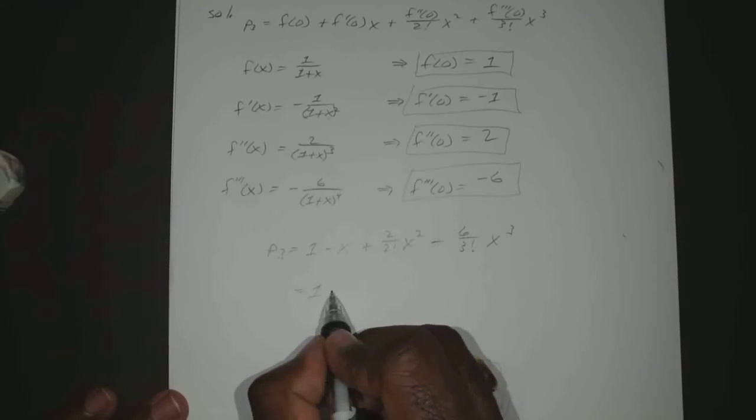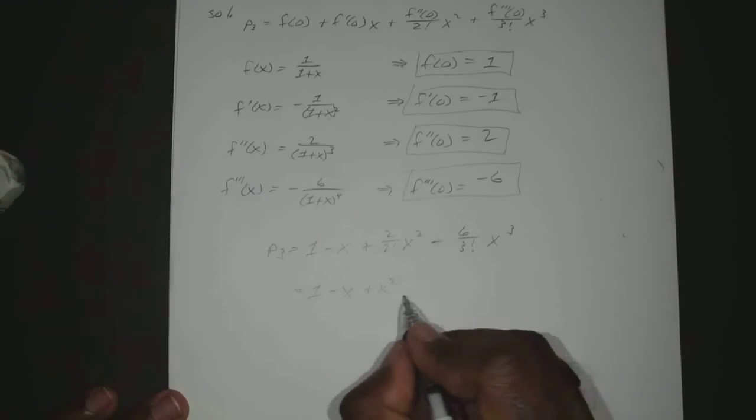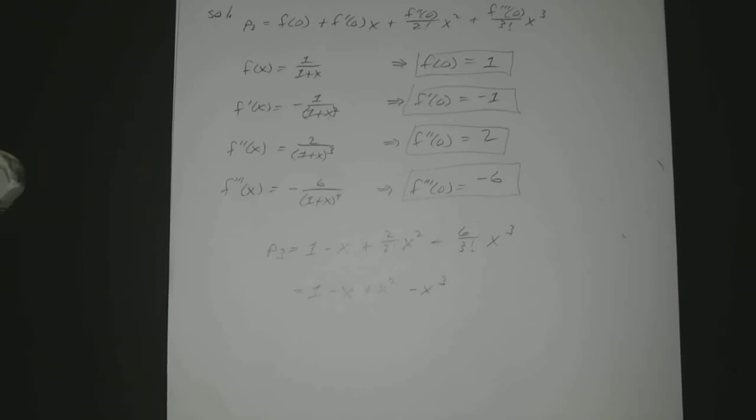So it equals 1 minus x plus x squared minus x to the third. Okay, which is the first 4 terms, which is enough to get us a decent power series representation from it.